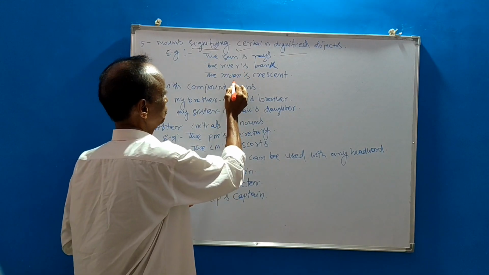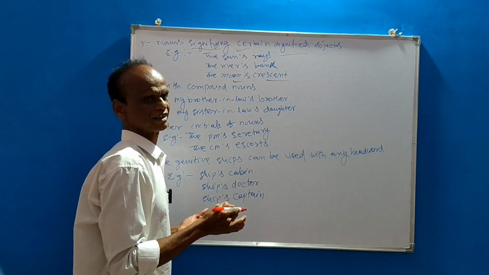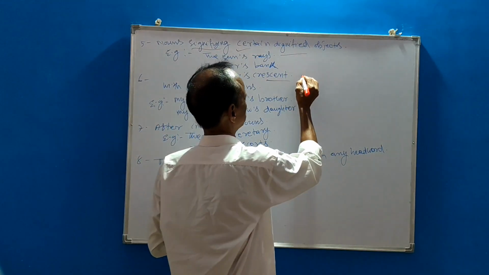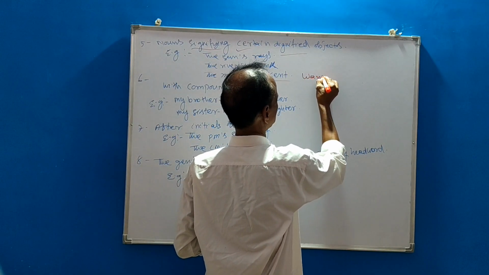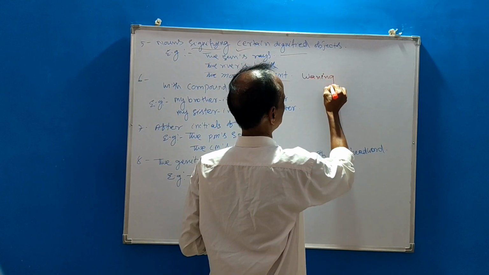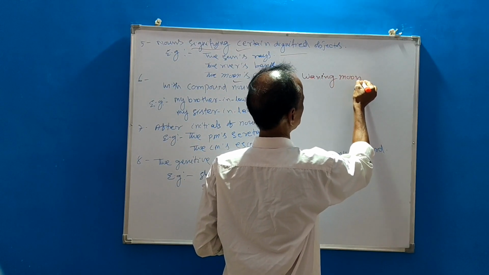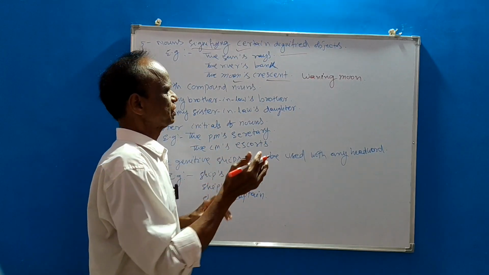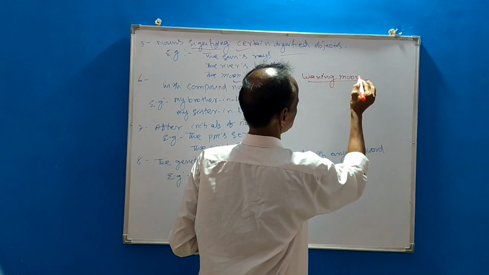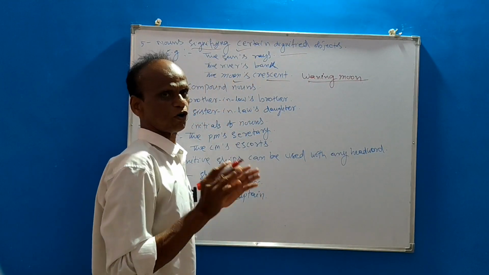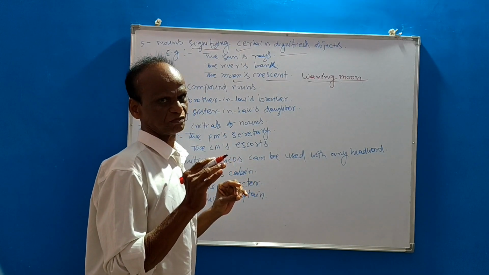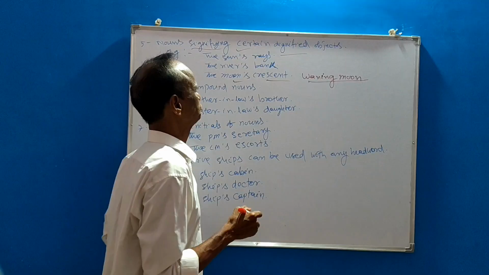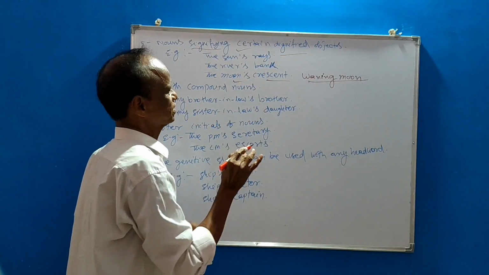The moon's crescent. Crescent means waning moon, curved moon. Okay, so the moon's crescent.